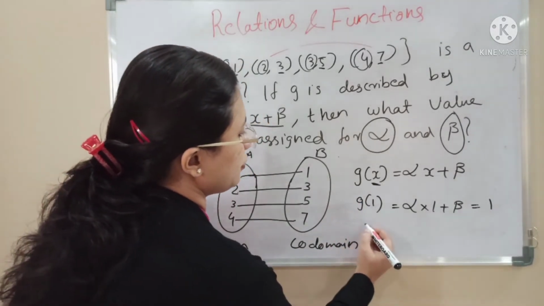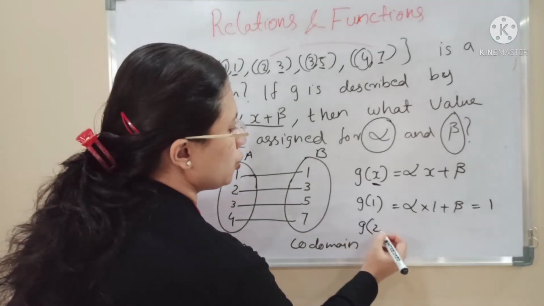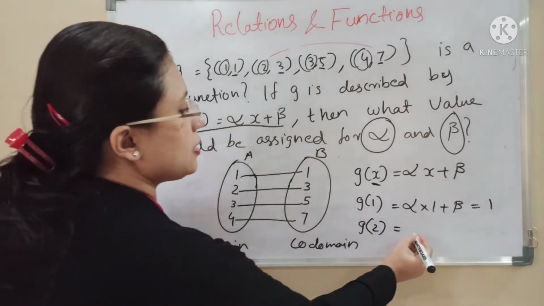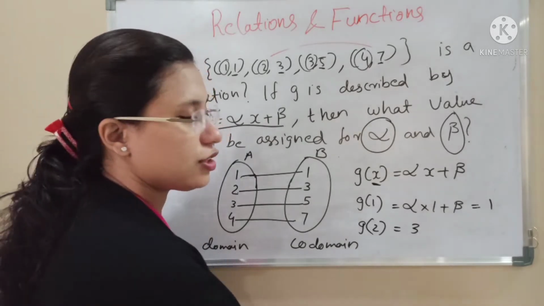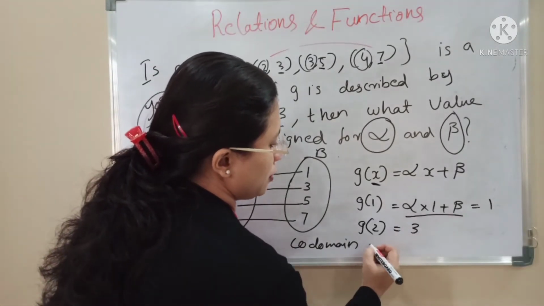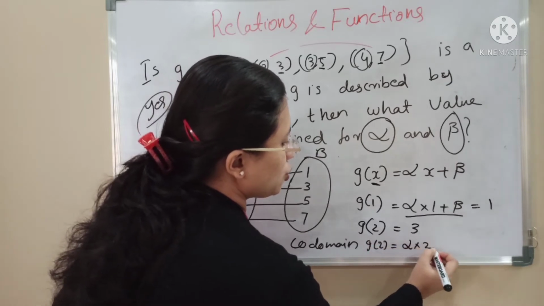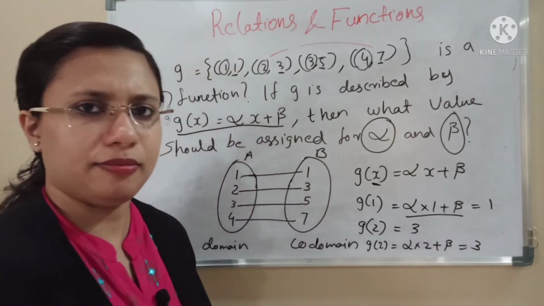Suppose I take the next value, 2. What is G of 2? This is 3, right? So G of 2 will be alpha times 2 plus beta, which is equal to 3.